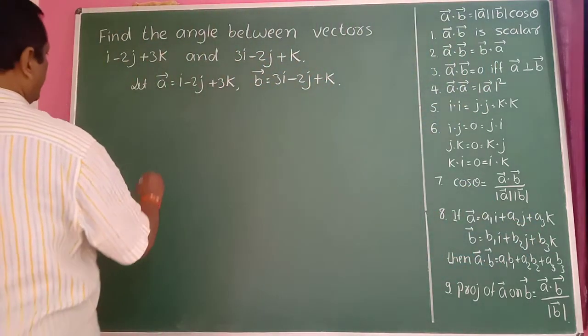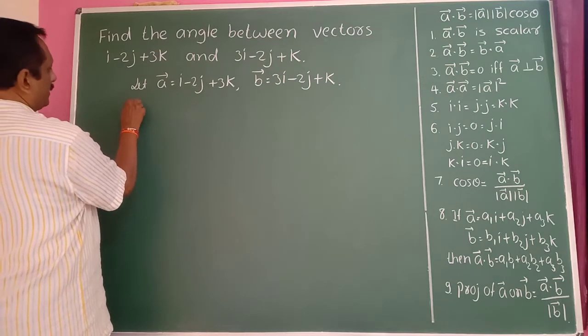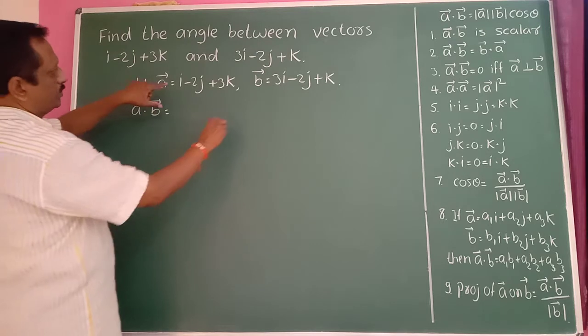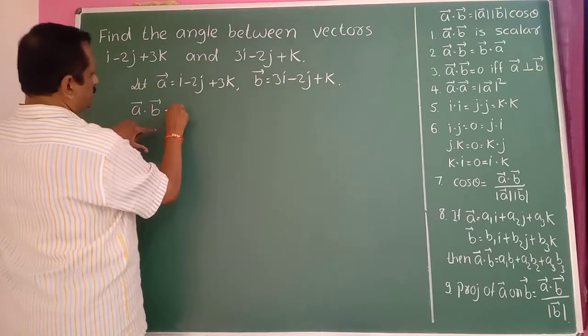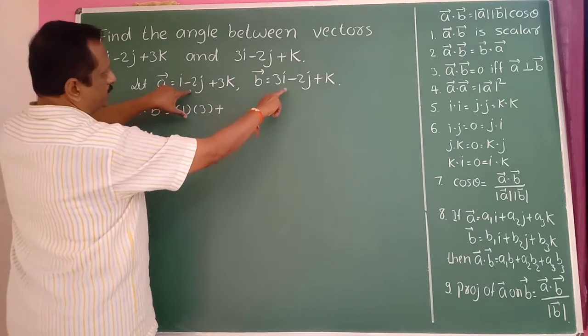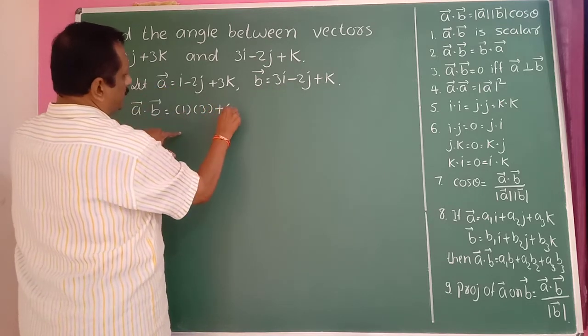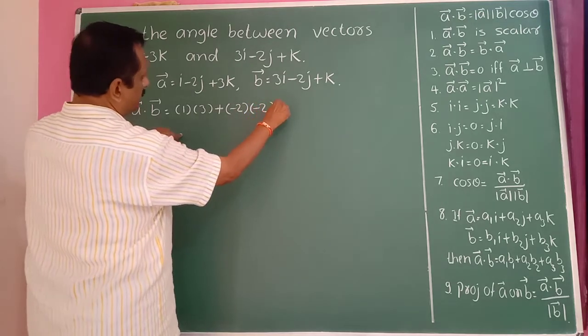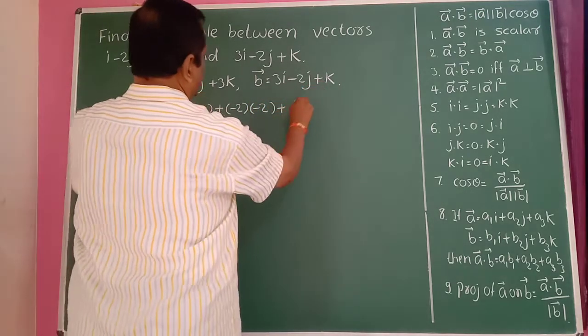So a bar dot b bar is equal to 1 into 3, plus minus 2 into minus 2, plus 3 into 1.